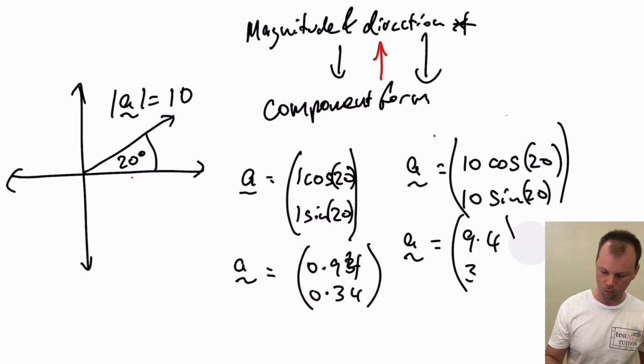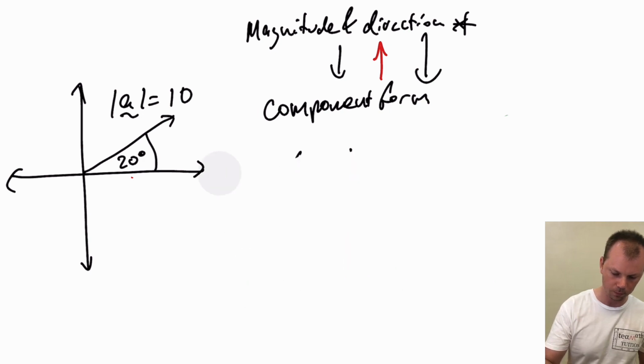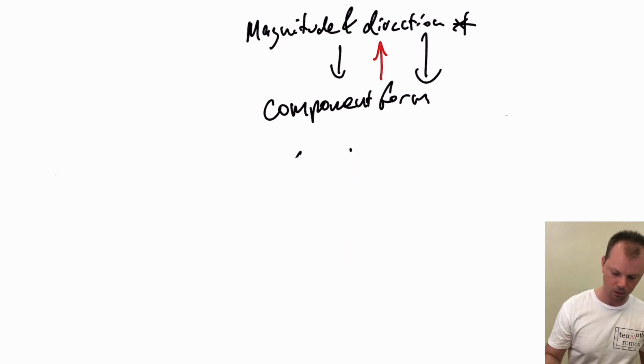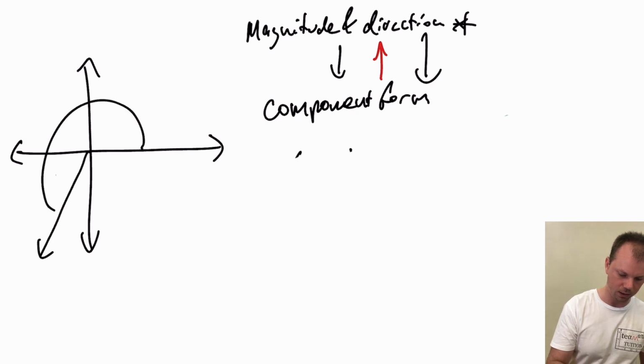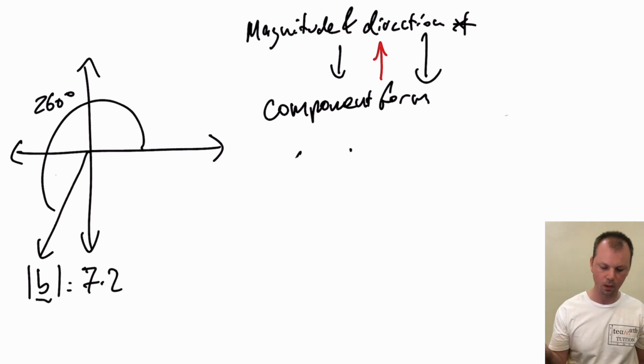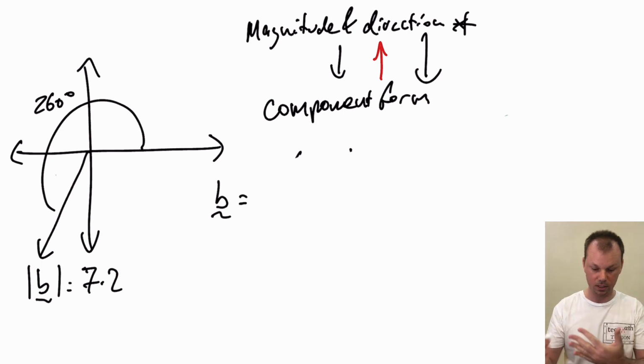We'll go through one more example that's not in the first quadrant. So let's draw it up here. Let's do a vector down here and say the angle is 260 degrees and our magnitude is 7.2. So in this case, we want to break it down into its x and y position or its movements.